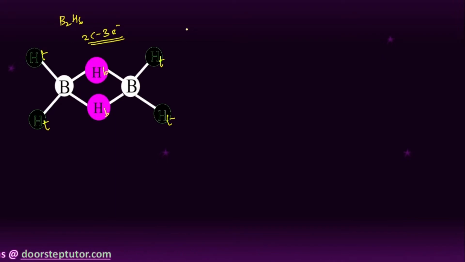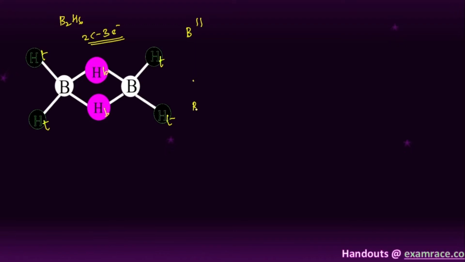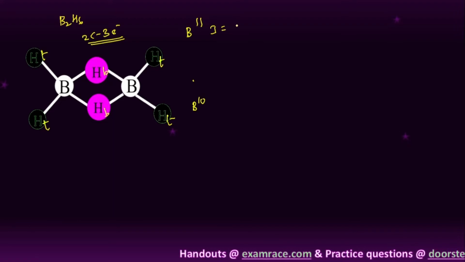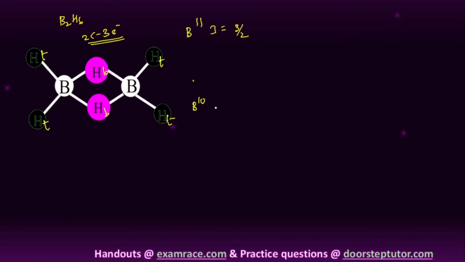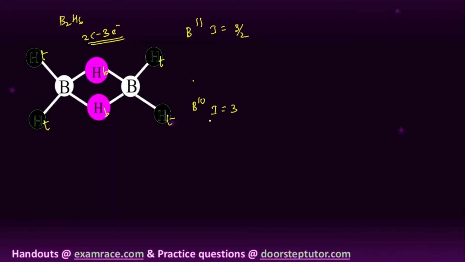Generally boron has two types of isotopes, B11 and B10, students. The nuclear spin of B11 is 3/2, and for the B10 isotope the nuclear spin is 3.